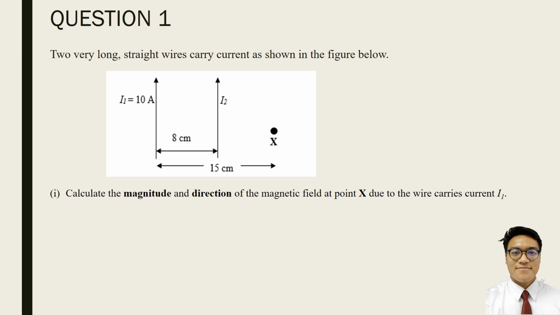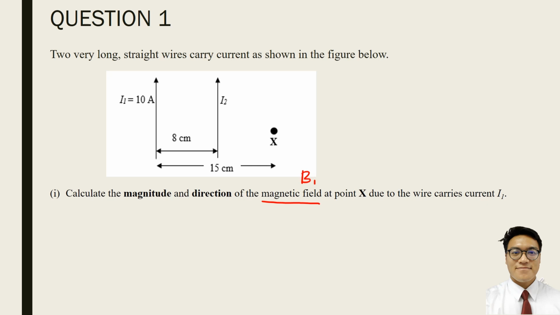For the first sub-question, calculate the magnitude and direction of the magnetic field. Here the question asks us to find the magnetic field, which is B, due to the wire carrying current I1. So this is B1.